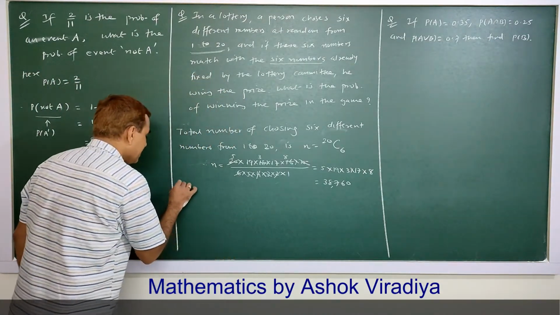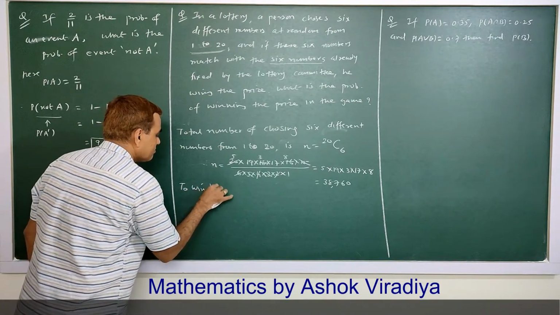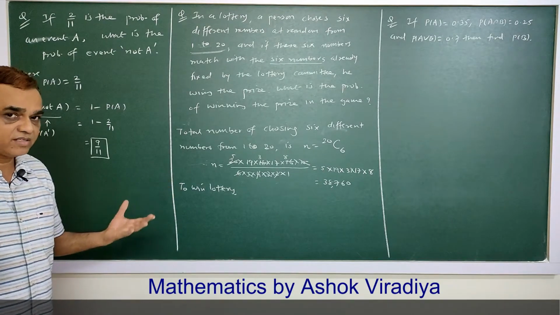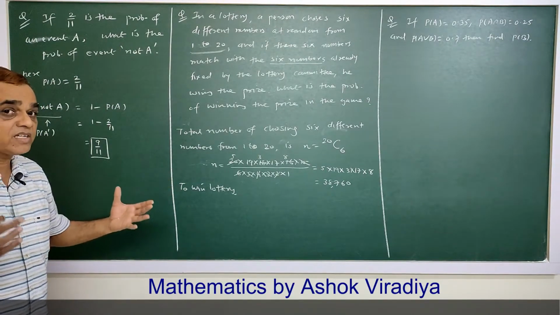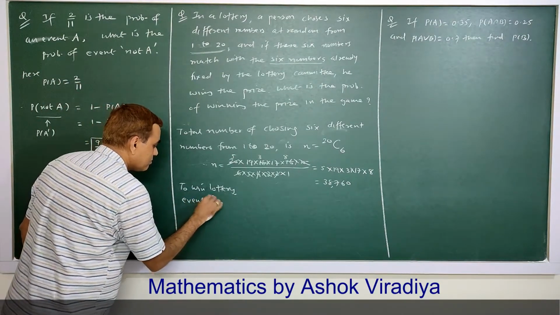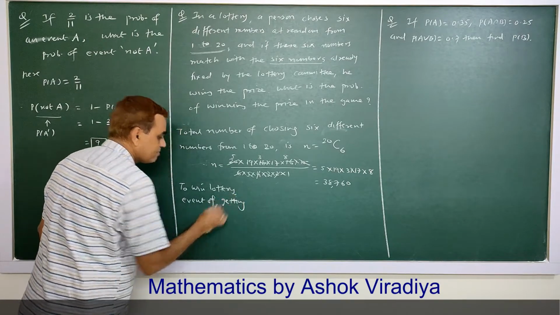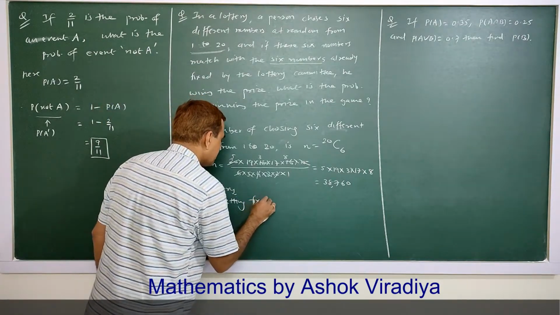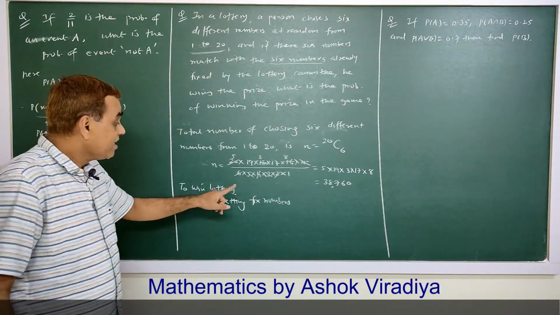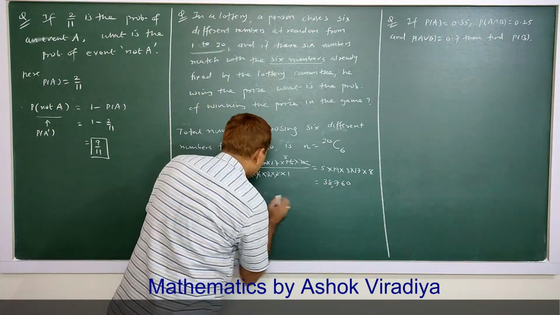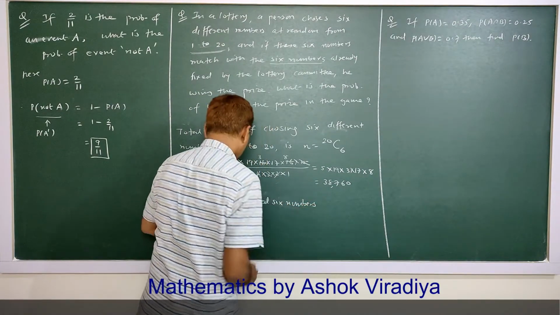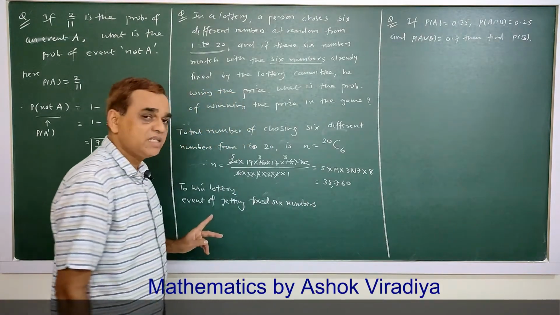So to win the lottery, which event must occur? The event of getting the fixed 6 numbers is required.